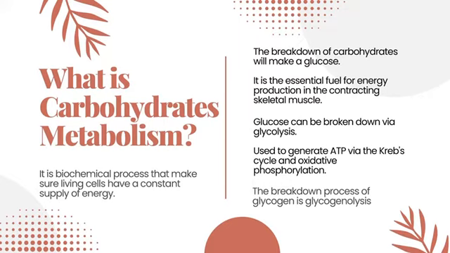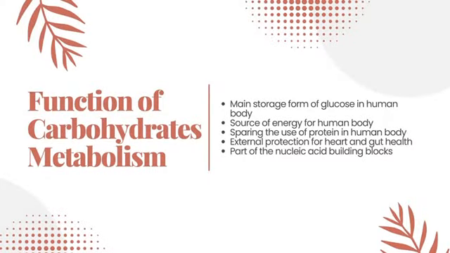Glucose can be broken down by glycolysis and used to generate ATP by the Krebs cycle and oxidative phosphorylation. The breakdown process of glycogen is glycogenolysis. For information, liver and muscle store the highest glycogen amounts in the body, which are 400 gram and 100 gram.